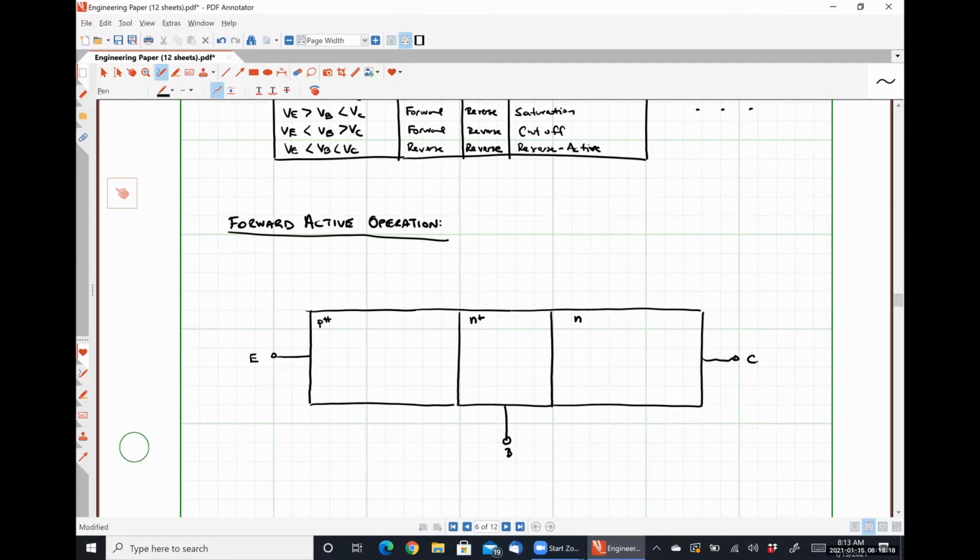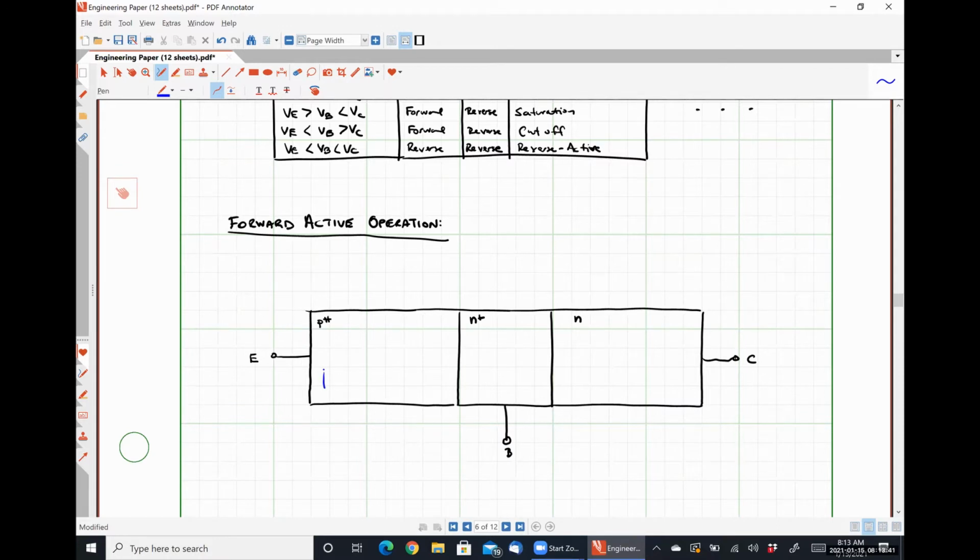Okay. So what we want to have happen in a PNP transistor is effectively the exact opposite of what we had happen in an NPN transistor. So we want our emitter to be the source for a whole bunch of holes. Okay.